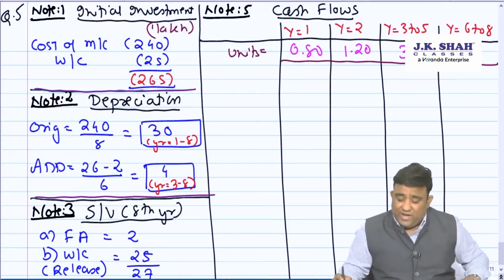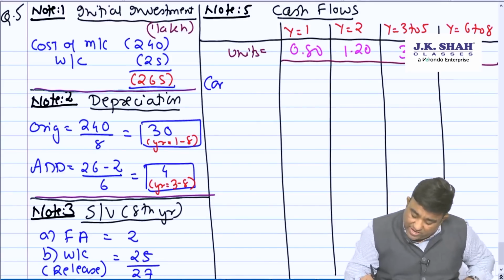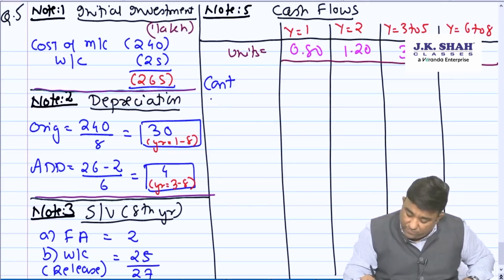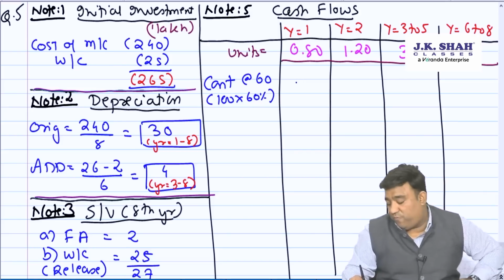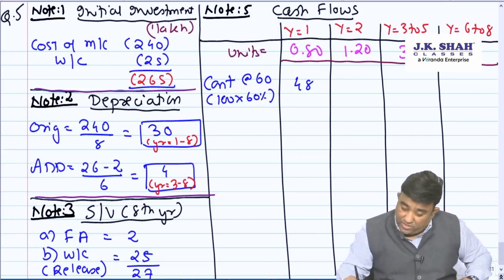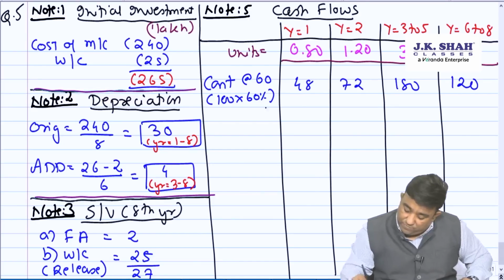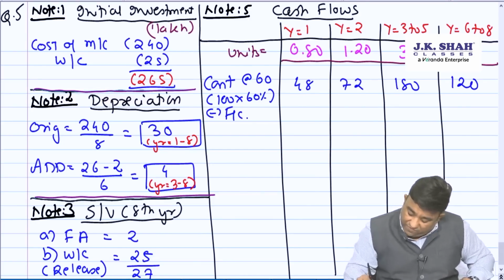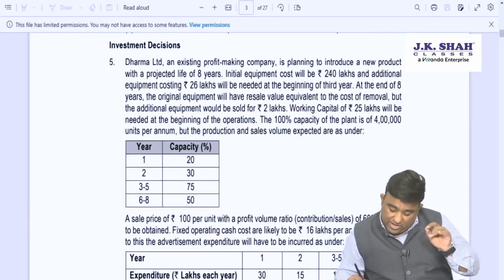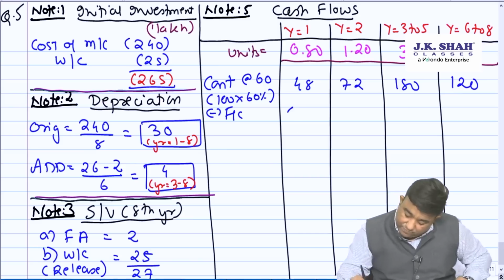Student, I think we are ready with the layout. I can directly start with the contribution. Why contribution? Because 100 rupees is the selling price and 60% is the contribution, so this is going to be 60. 60 into 0.8 is 48. This is 72, this is 180 and this is 120. Minus, obviously, the fixed cost given: 16 lakh every year.